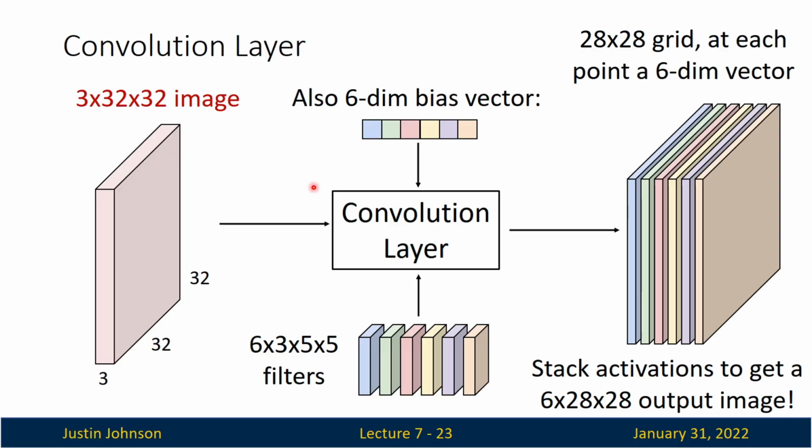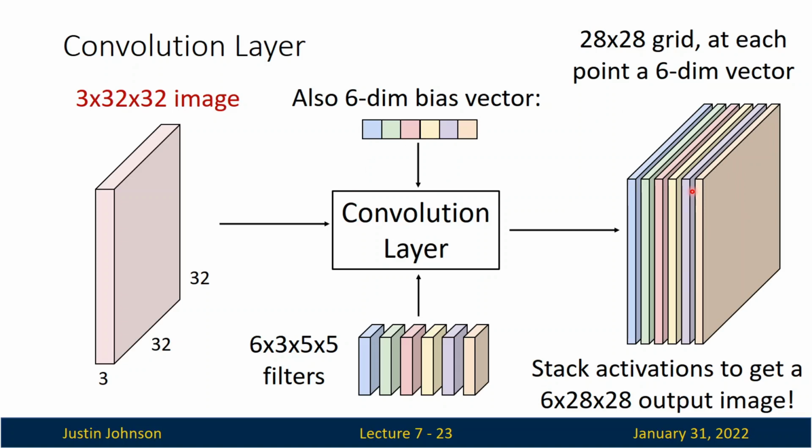Let's recall. This is our convolutional layer. Given one input image or just a feature map, through the convolutional layer, you will generate several feature maps.